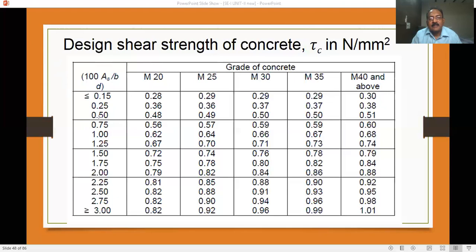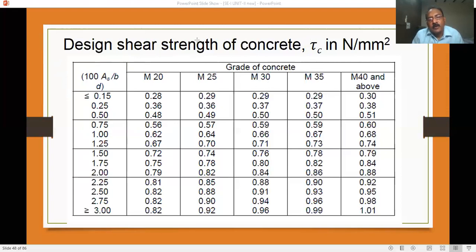This is the design strength tau C. Even though tau V, what is tau V? That is shear force by BD. If it is less than this value, you have to provide minimum reinforcement.